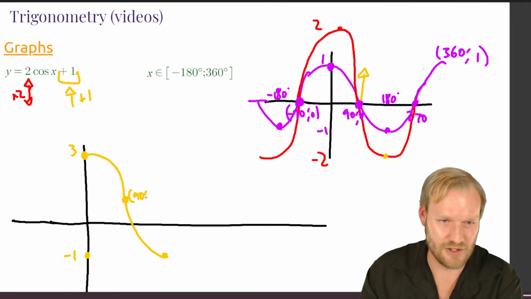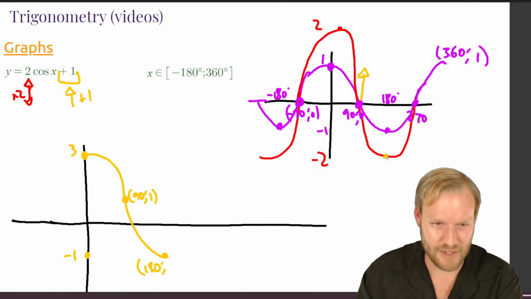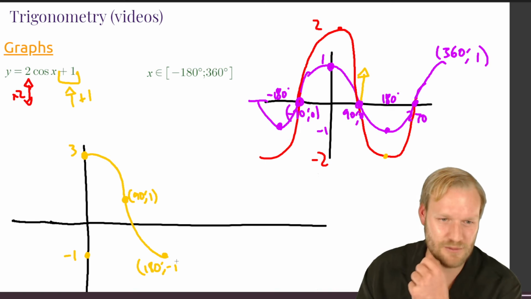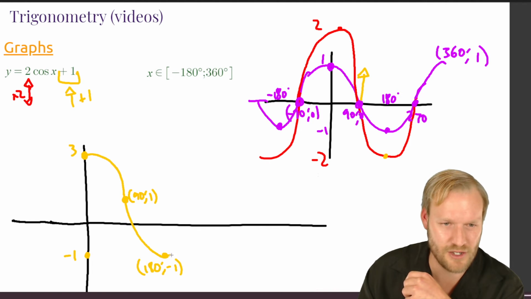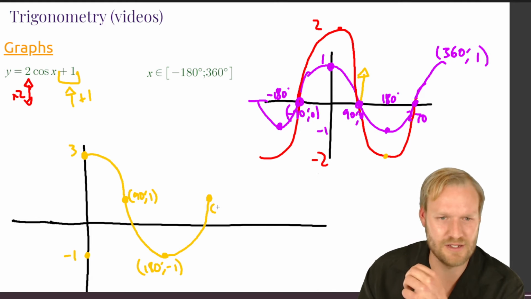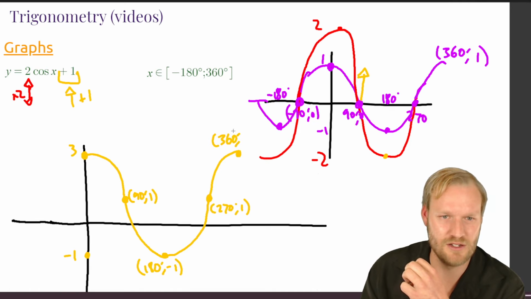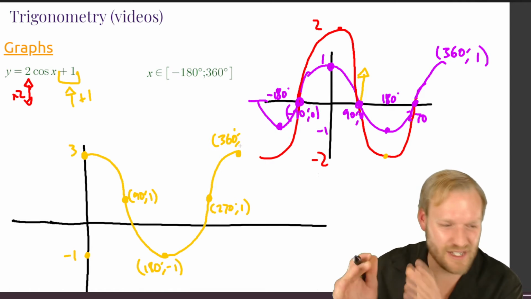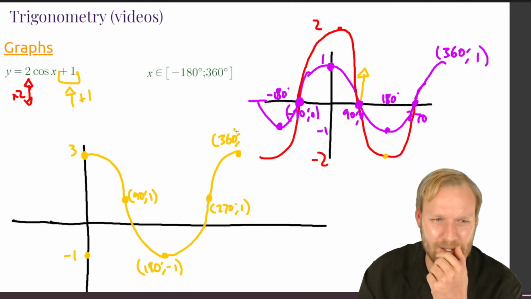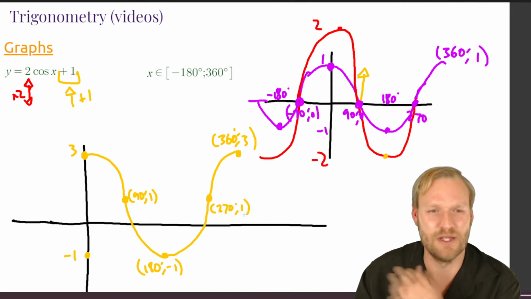Then this point here is at 270, but our graph's sitting at 1, and we're going to get back to where we started at 360 degrees. Our period hasn't changed. It's not like everything's happening slower or faster, and we're back at 3. So that'll be the positive direction.